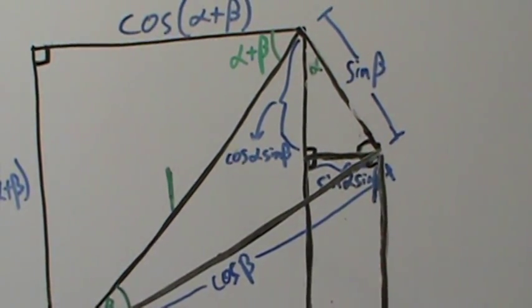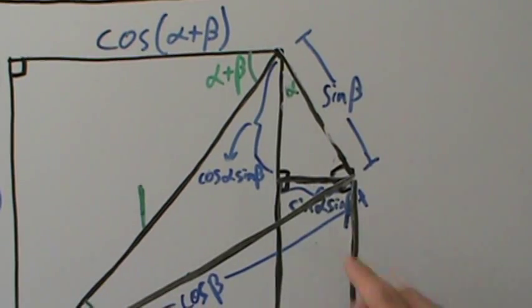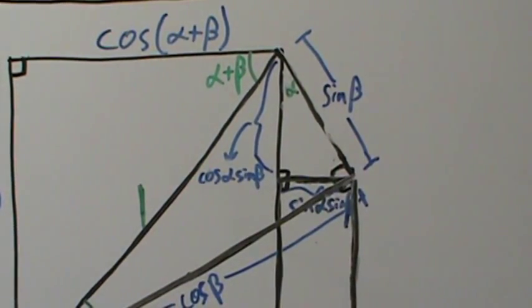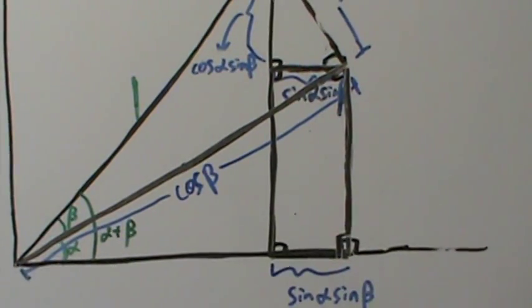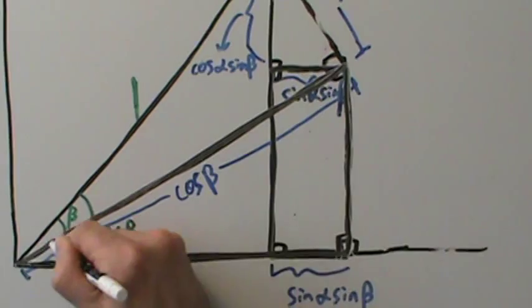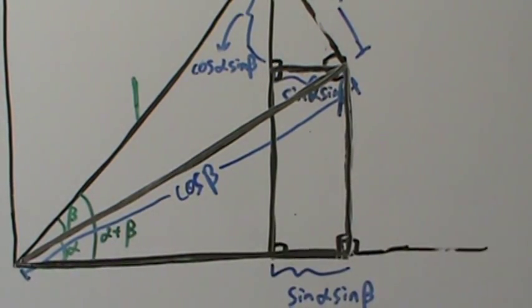Again, here's our angle alpha. Remember it's alpha and alpha, so up here it's the exact same angle. We have a different hypotenuse, and we're inside a different triangle, but it's still a right triangle, and we're going to do the exact same thing we just did.